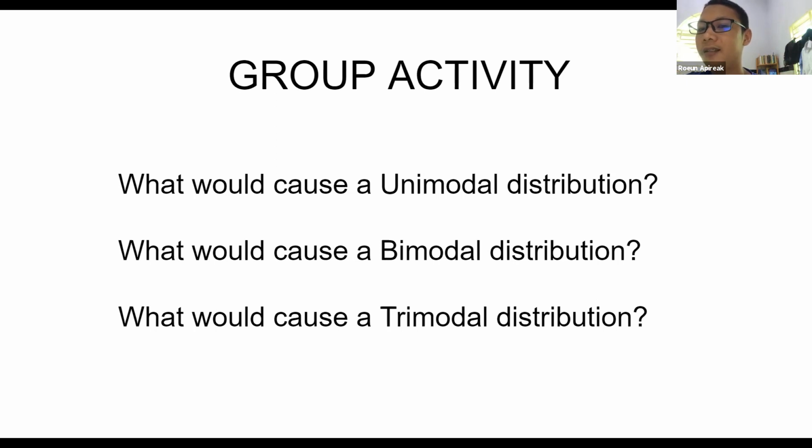And then the third question is the causes of the trimodal distribution. As in the same example, if during 2015 to 2021 there are three times of increasing the value of the US dollar, so there are three peaks, that is the trimodal distribution.